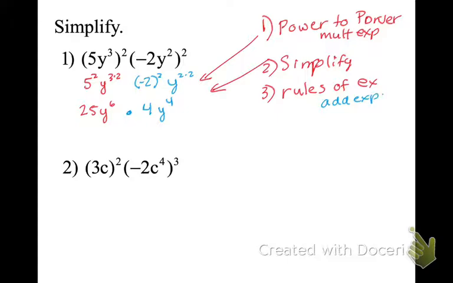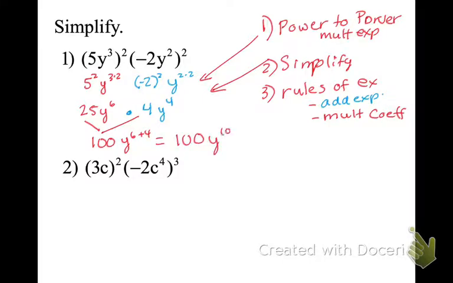And multiply the coefficients. Okay, so I'm doing 25 and 4 is 100. And y to the 6 plus the 4th makes 100y to the 10th.